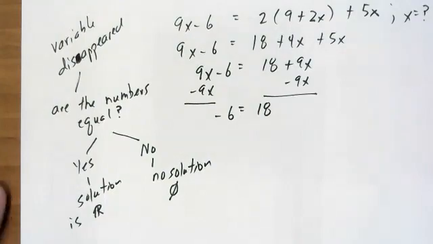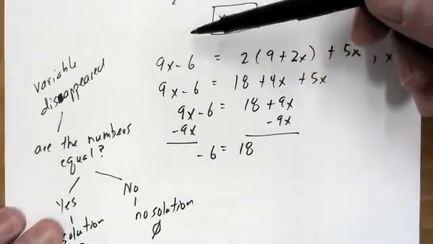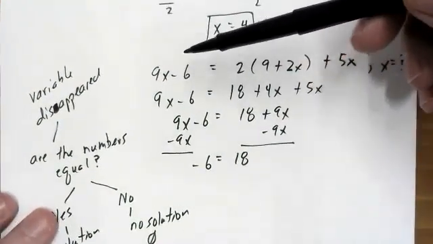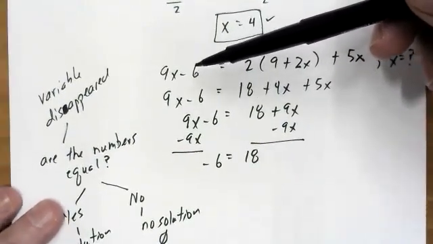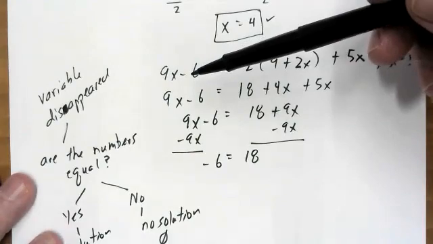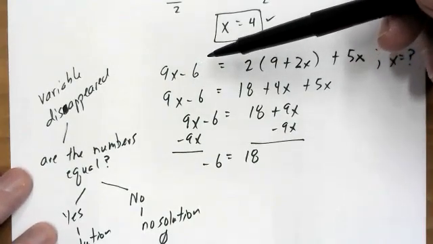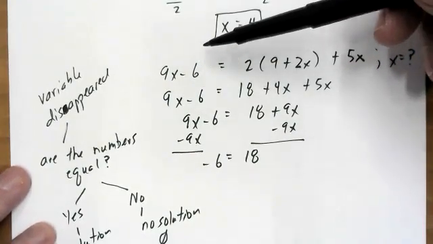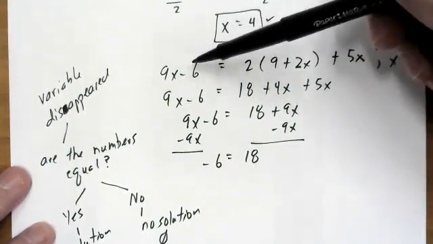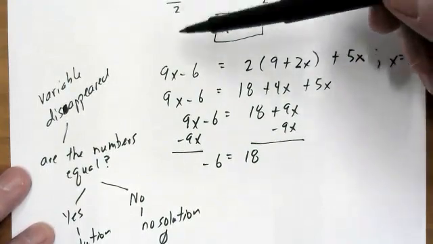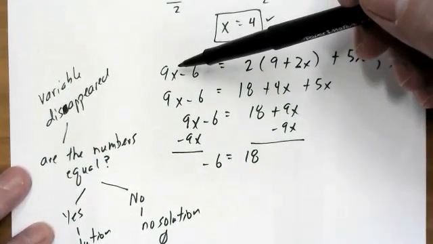No solution means if I go back to my original equation and I decided just to take the time and try and figure out a solution, and I would just start plugging in numbers. So if I plugged in 1 for x, would this be true? No. If I tried, well, how about 2?